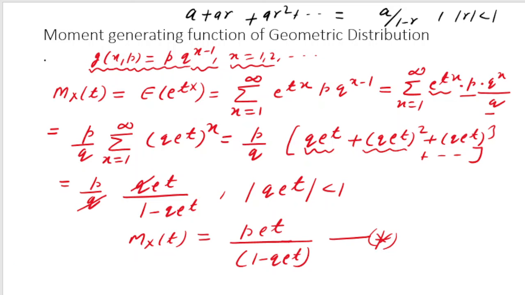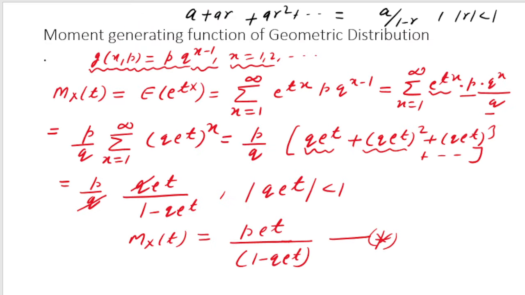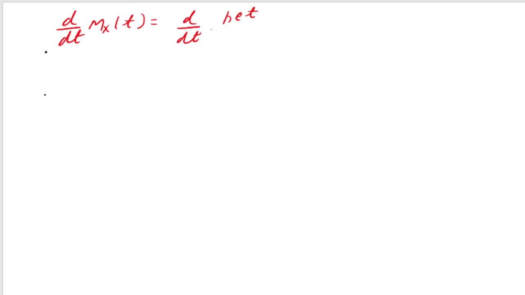Now the next thing, we have to find the mean and variance. To find the mean or variance, first of all we differentiate the moment generating function with respect to t. So d by dt of p e^t divided by 1 minus q e^t.